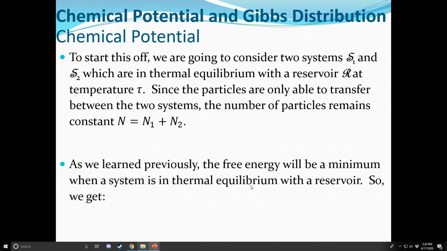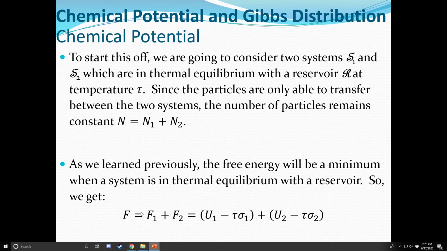Now, we learned about the free energy from before, and one of the things that we found was that when a system goes towards its thermal equilibrium, the free energy will always reach a minimum value. So we can do that same thing here.